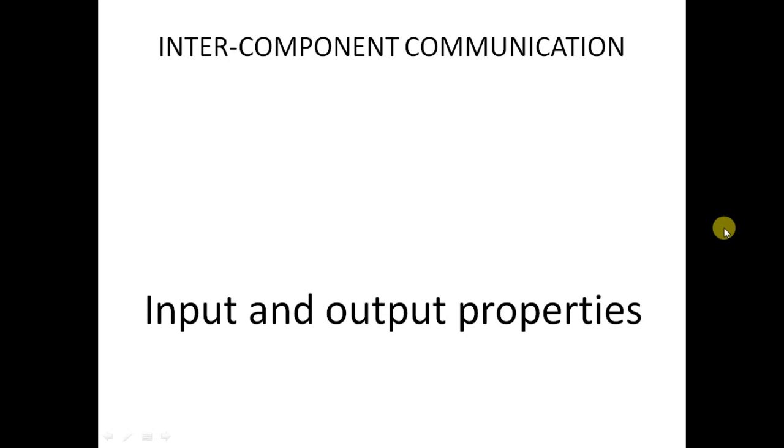Hello everyone, welcome back to the course. In this lecture, first I am telling you about intercomponent communication. Consider a view that consists of a number of components that are numbered and have different shapes for easier reference. Some of the components contain other components and others are siblings.